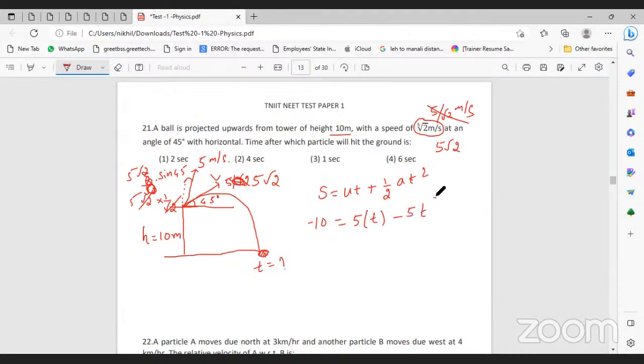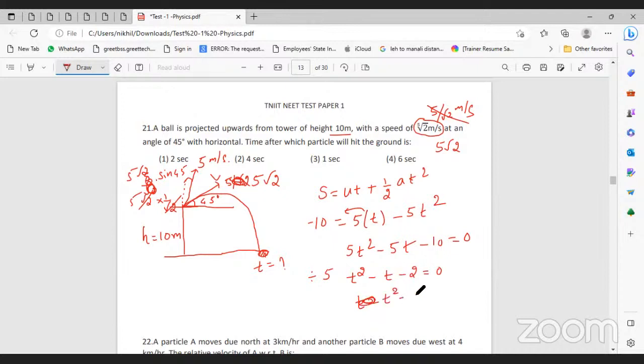So minus 5t squared. On simplification, 5t squared minus 5t minus 10 equals 0. You can divide the entire equation by 5. It is t squared minus t minus 2 equals 0. We have to use the quadratic equation, right?